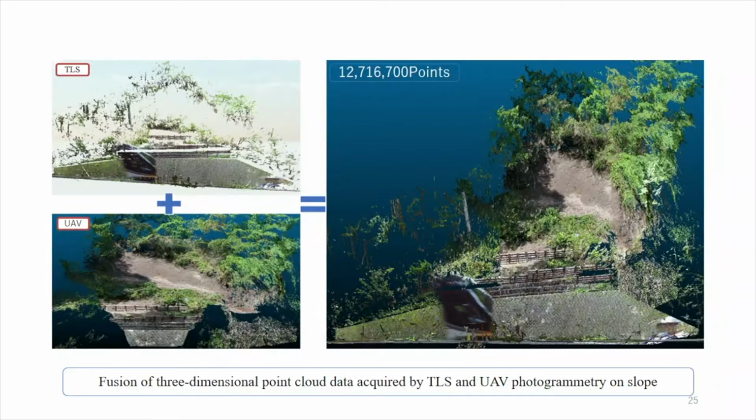And as you see, the picture on the right-hand side combines the TLS and UAV point cloud data after processing. And the point cloud data contains about 30 million points.